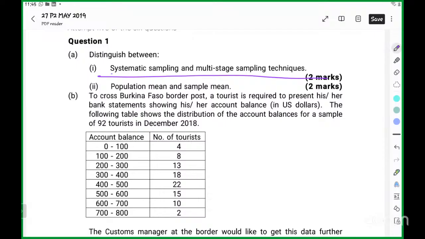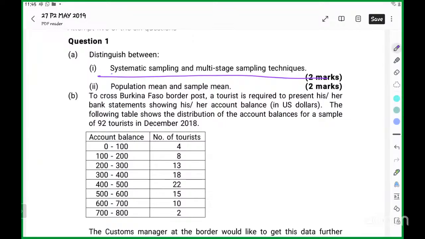Yeah, their definition, then population mean and sample mean. Population mean is mean of a what? So you should know what a population is, what a sample mean is.